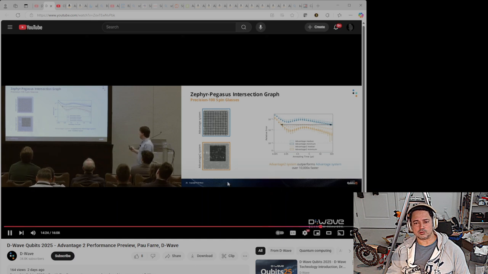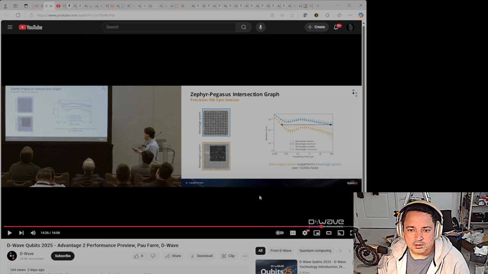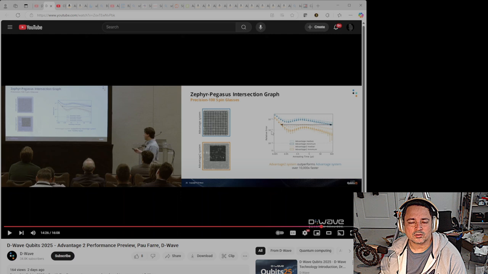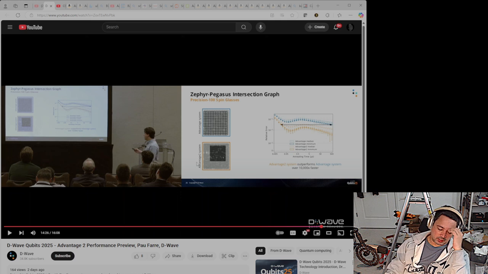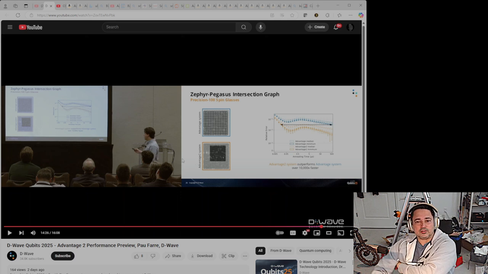So the annealing time is 10,000 times smaller for the relative error. This just looks like a random line. I'm not getting the physical intuition over here.